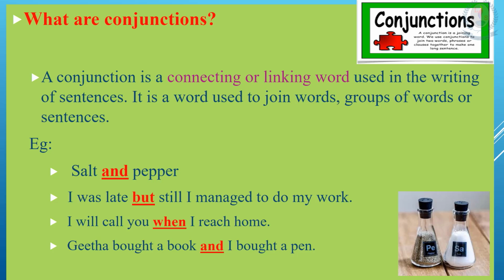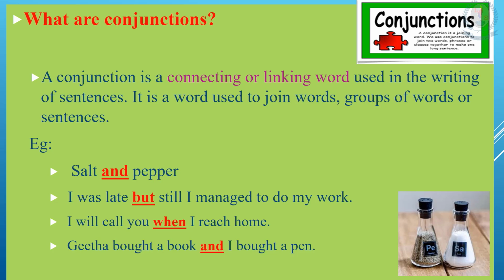Conjunctions. Now, if I ask you a question, what are conjunctions? Recall your past memory about the topic which you have learned in previous grades, and can you explain to me what conjunctions are? Right, okay.